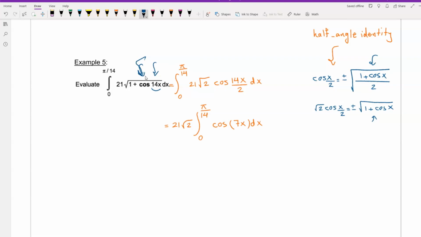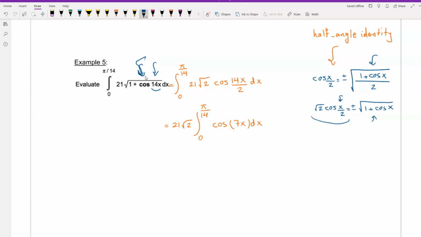So square root of 1 plus cosine x is equal to square root of 2 times cosine x over 2. Again, here we have 14x instead of x, so what you're going to have is 14x divided by 2 instead of what I have here. So instead of a square root of 1 plus cosine of 14x, we have square root of 2 times cosine 14x divided by 2, and then multiply by dx.